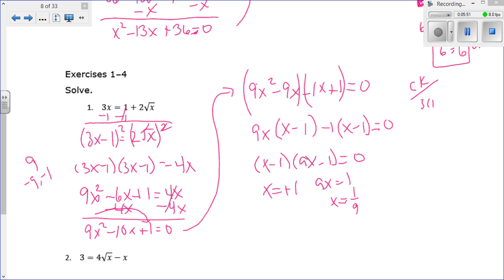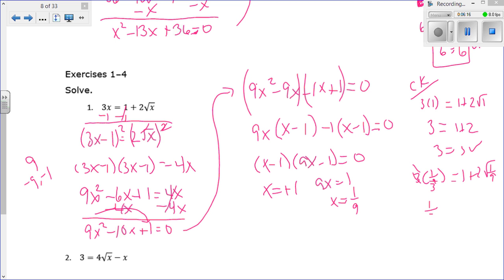So 3 times 1 equals 1 plus 2 times the square root of 1. So 3 equals 1 plus 2. So 3 equals 3. So 1 works. And then 1/9. 3 times 1/9 equals 1 plus 2 times the square root of 1/9. So this becomes a 1, this becomes a 3.